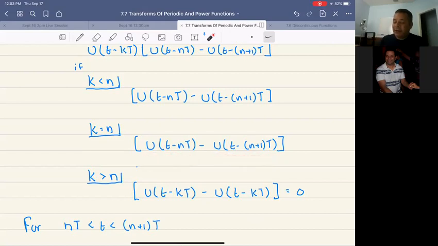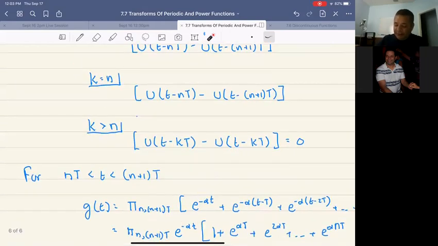But now let's take a look at k bigger than n. Now k could be equal to n plus 1. That's still not a problem. But when you multiply the step function at k being larger than n, you're going to get the step function at k. Same thing with n plus 1, because k and n are both integers.